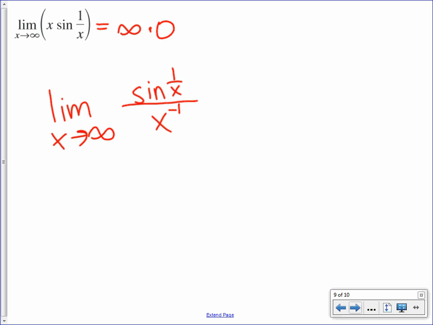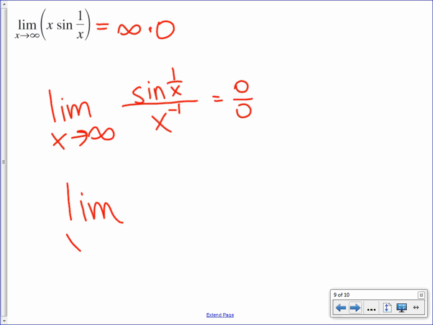You could, but you would have to change it to cosecant. This works out a lot nicer because of what's inside of sine. We have 1 over x inside. So L'Hopital's rule, because now we have 0 over 0.